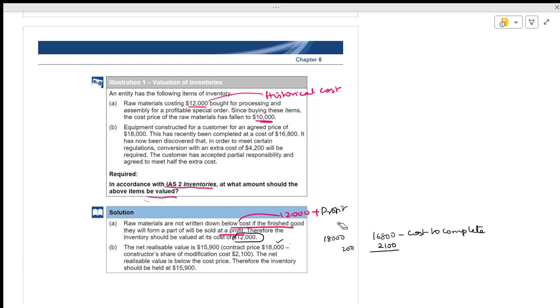They agreed to pay only 2,100. Fine. Means cost to sell. Is this the fair value? Definitely it has been reduced. How much? 2,100.